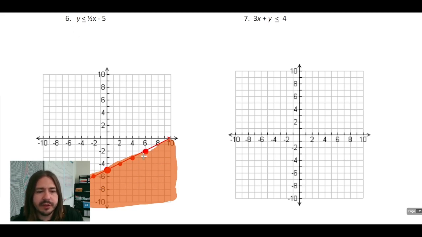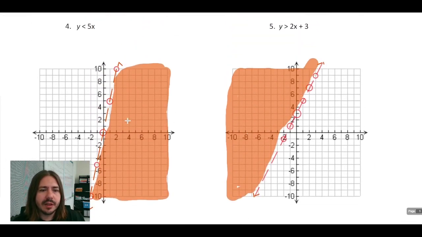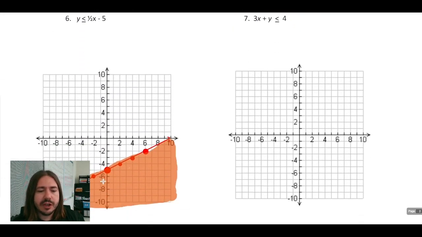So like (6, -2), for instance, would be a solution here, where something like (1, 5) would not be a solution here. You'd have to be in the shaded region. Now, if the shaded region contains solutions as well, that's going to be true regardless of the symbol. Yeah, all the points in here will also be solutions.